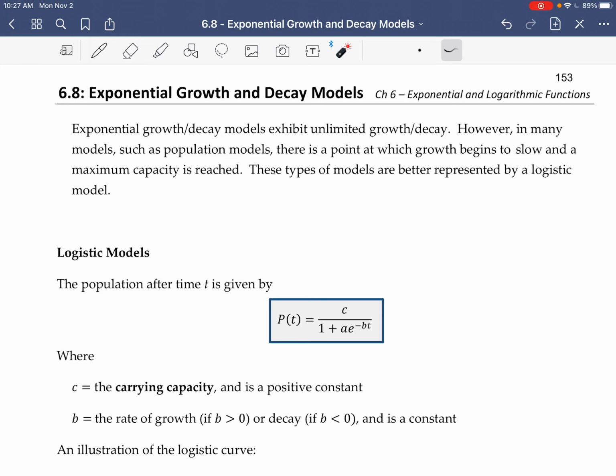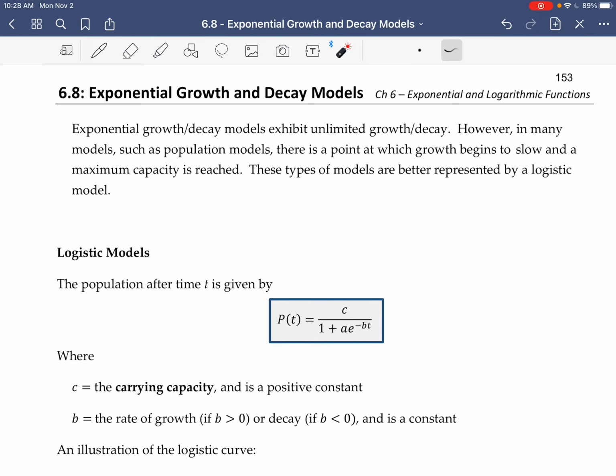If a population of, say, deer is in an area, once it gets overpopulated, the growth rate might slow down because they're running out of food, or there's nowhere to live. So you often talk about some maximum capacity for these growth models.